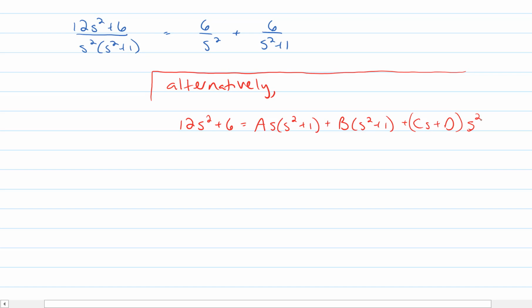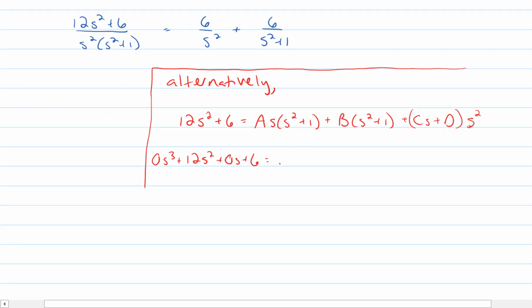And you can actually multiply out the right-hand side. The left-hand side is 0s cubed plus 12s squared plus 0s plus 6 is equal to, and then you get a pile of terms on the right-hand side.